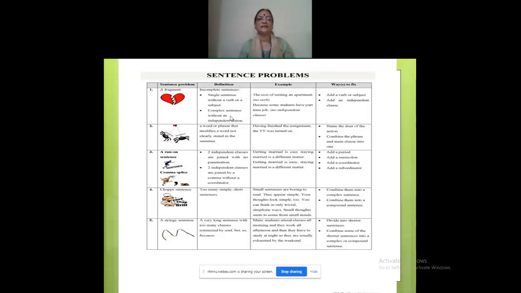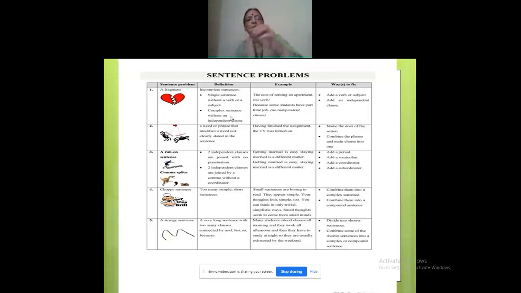So getting married is easy, just the comma, again not correct, because subject, verb is there. It's an independent clause. The second part is also an independent clause. So there should be a semicolon. You can add a full stop and separate them into two sentences. You can add a semicolon and show that these are two different ideas.